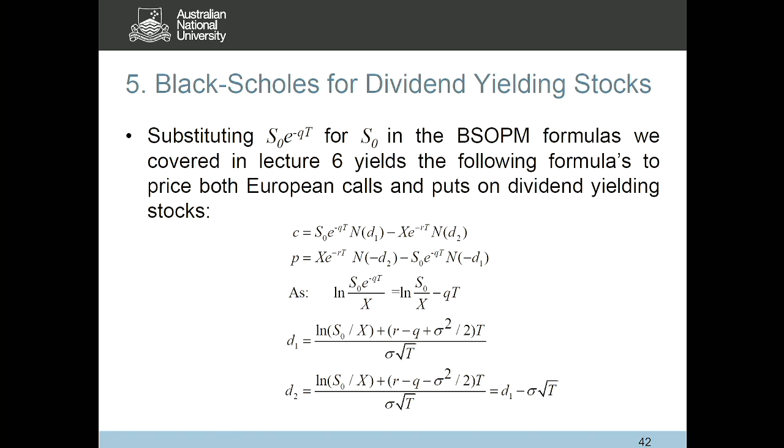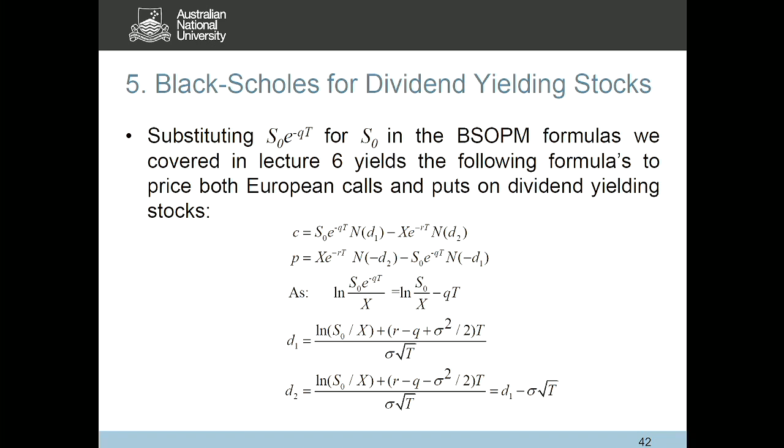If you don't like this expression, you can simply write down the natural log of S0 times e to the power of minus qt divided by the strike price, and you will get the same result. So that's just the neater way of rewriting the D1 formula and taking into account the dividend yield. Does it make sense? We just did some simple rearrangements.